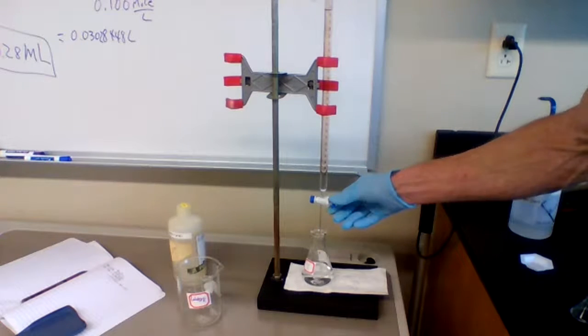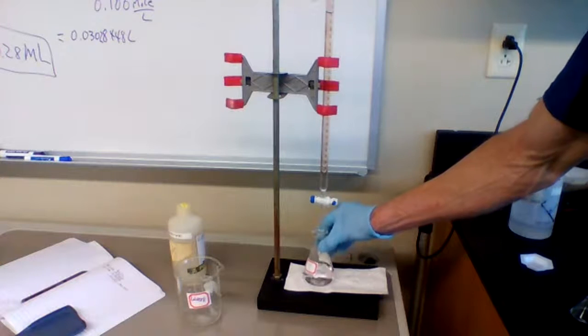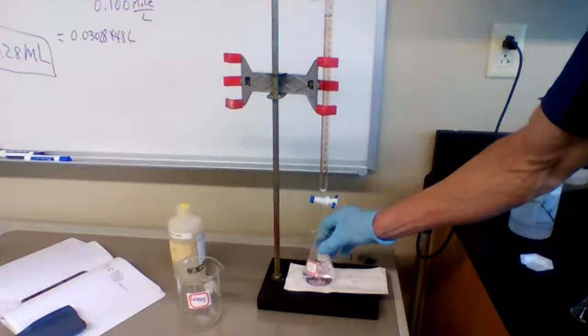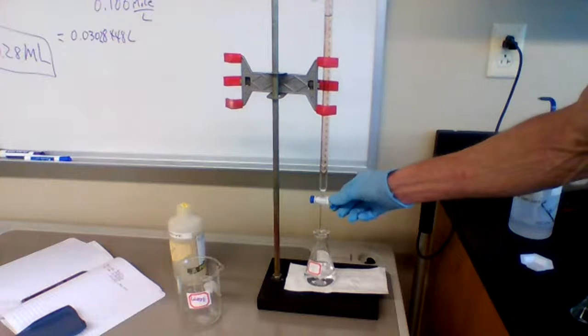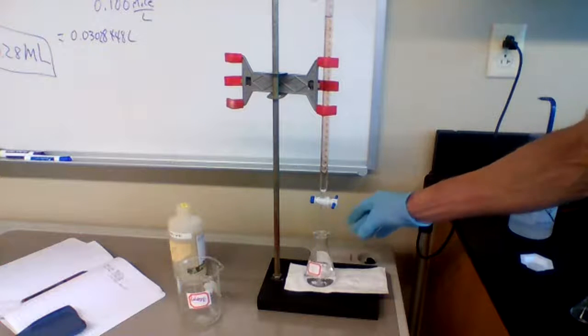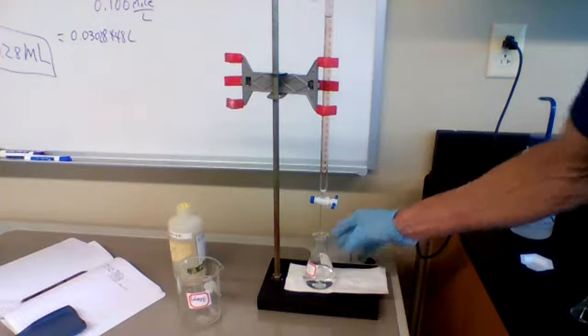And again, we're expecting it to be close to 30 to reach the equivalence point or to see our endpoint change. And once we get down here, we start going slower. One technique that we do have is to add a single drop.